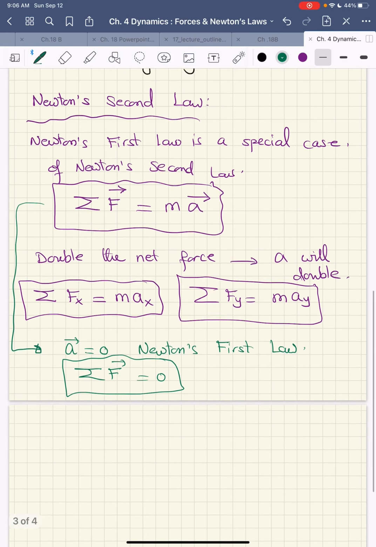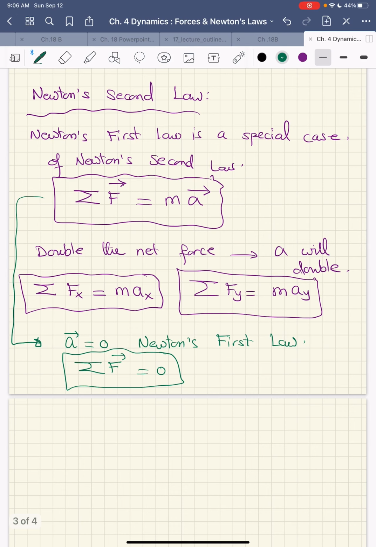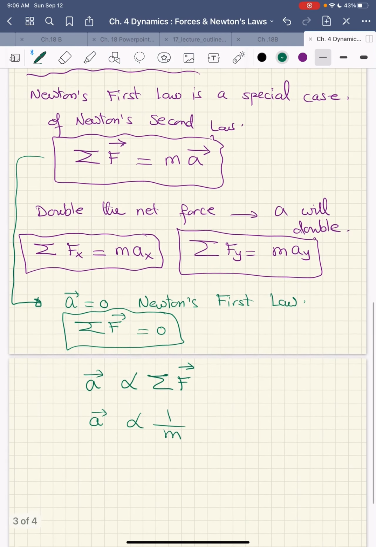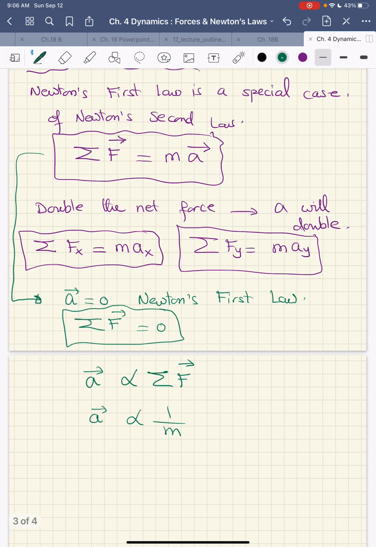As I said, there is a direct proportionality between the acceleration and the net force, and an inverse proportionality between the mass and the acceleration. As we have more mass, of course, and this makes sense, I'm going to have less acceleration, and if I have more force, I should have more acceleration.